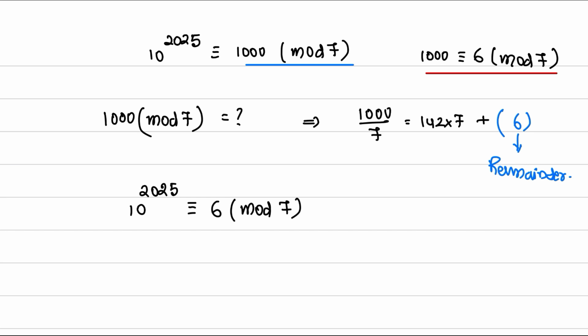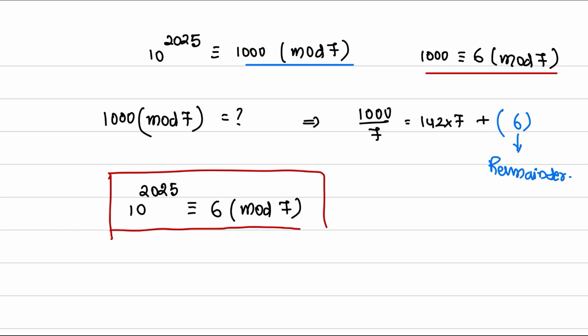When 1000 is divided by 7, the remainder is 6. Hence, 1000 is equal to 6 mod 7. 10 to the power of 2025 is equal to 6 mod 7. This is the final answer.